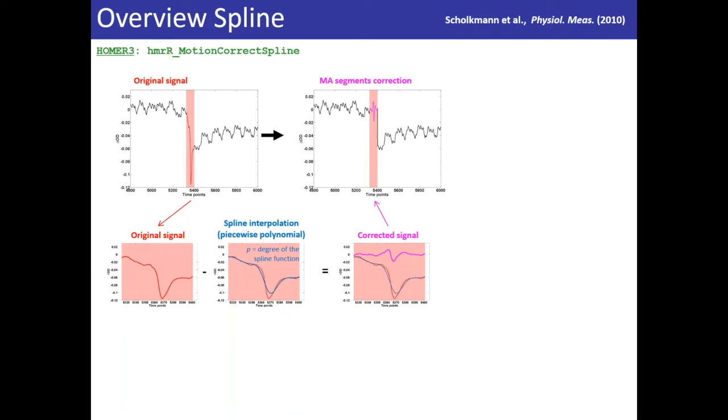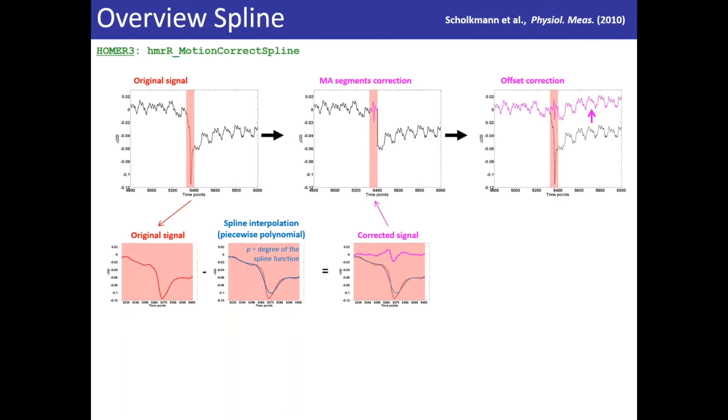Now you can put the signal back into the data, but you see we have an offset here, or a baseline shift, when we put it back into the original signal. So the next and final step is to do an offset correction. Here we corrected for this offset, and now the signal level is the same before and after the motion correction.